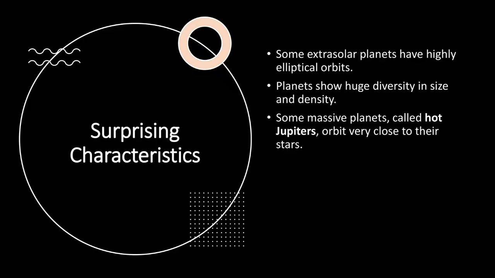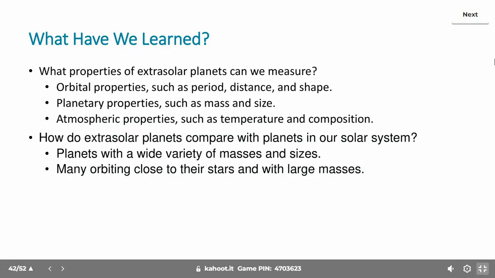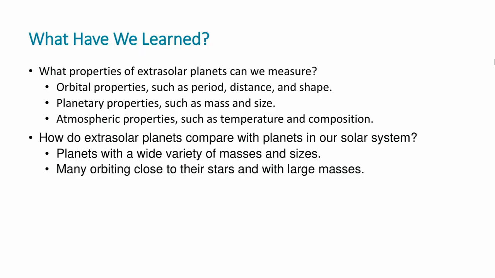In our solar system, we only have rocky planets orbiting close to the sun. So we've learned about the different things we can measure from exoplanets, and then putting those measurements into context by comparing them to the planets in our solar system.